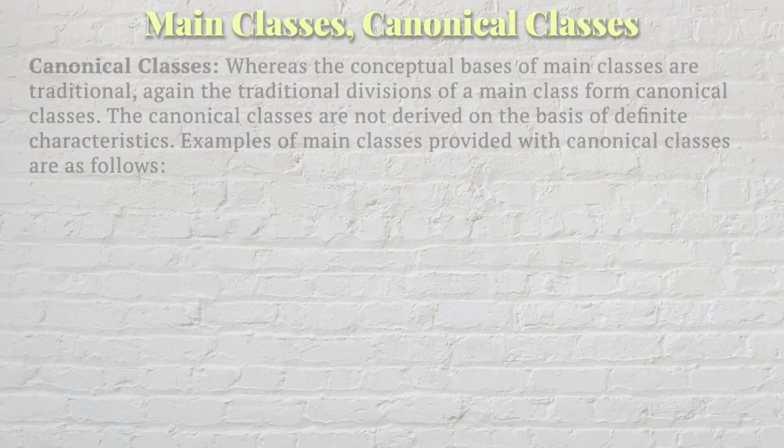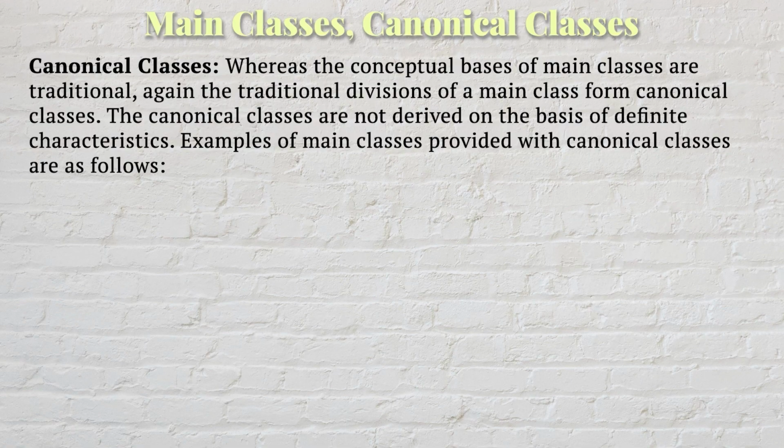Now what are the canonical classes? Whereas the conceptual basis of main classes is traditional, again the traditional divisions of a main class form canonical classes. The canonical classes are not derived on the basis of definite characteristics.